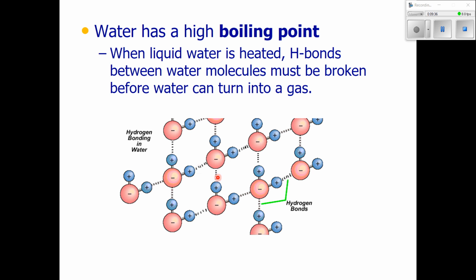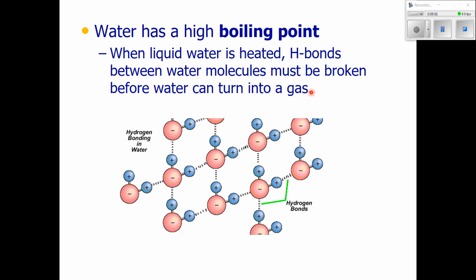So it takes a lot of heat to break these hydrogen bonds, and only after the hydrogen bonds begin to break will the temperature increase, and then eventually there's enough kinetic energy that will allow some of these water molecules to start jumping out into a gas state.